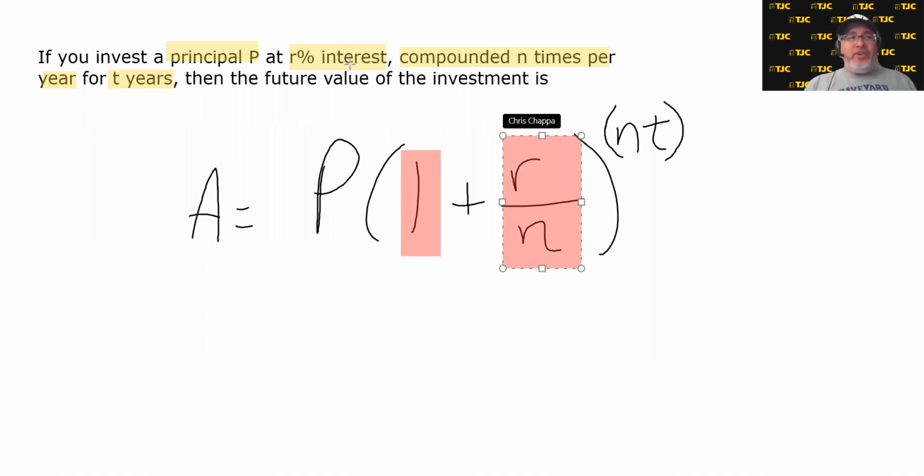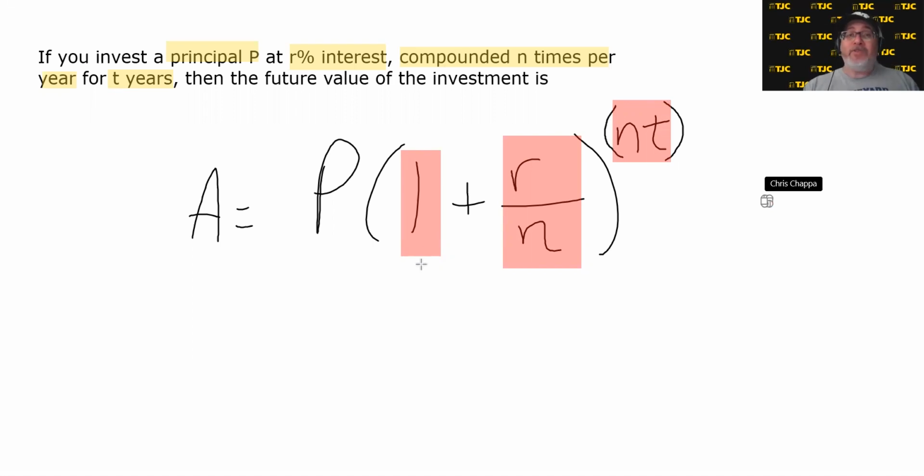For example, if you got interest 4 times a year, then you would take your interest rate divided by 4, and that smaller piece is the percent you would get each time interest is added. This N times T represents the number of times interest is compounded during the life of the investment. For example, if we did something monthly for 2 years, then we would do it 12 times 2 equals 24 times.